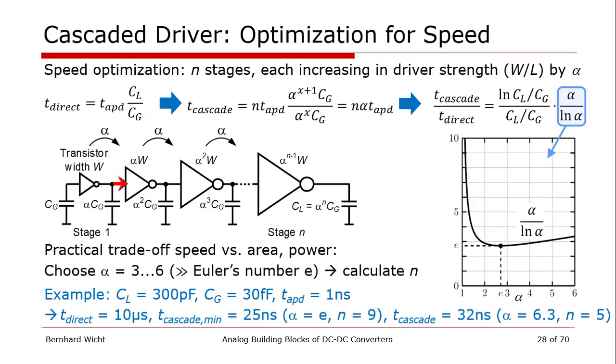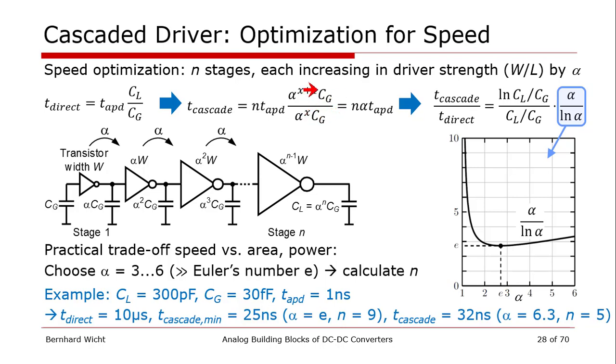By adding multiple stages, which are all increasing in driving strength by a factor of alpha. If we look into one section here, we see that the output load capacitance is always alpha times larger than the input capacitance. That's why we can put together this equation. And I need to apologize, there was one equal sign missing in your printout. If you want to add this in your notes, then you have the right equation.